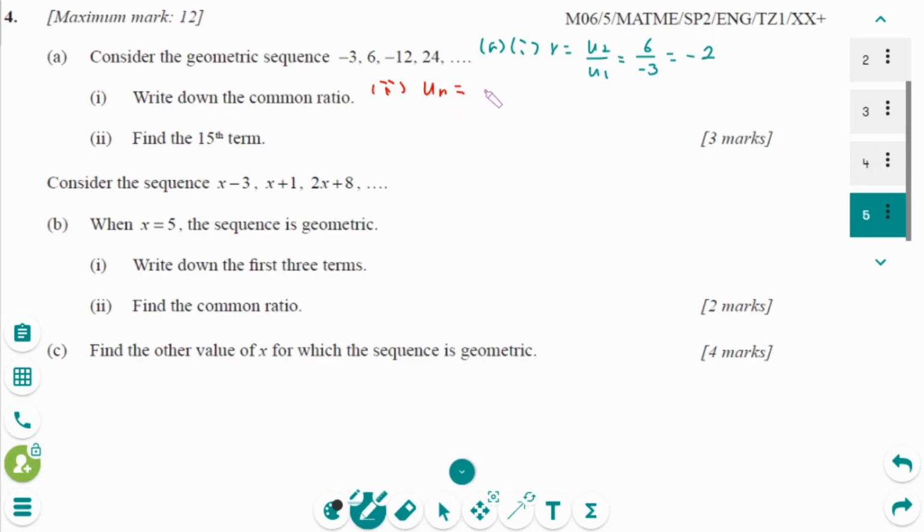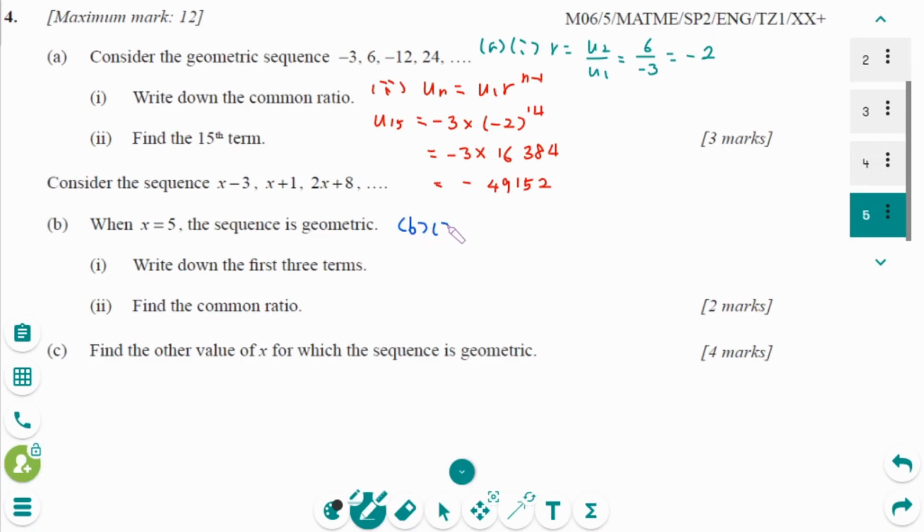Un equals U1 times r to the power of n minus 1. So U15 equals minus 3 times (minus 2) to the power of 14, equals minus 3 times 16,384. The final answer is minus 49,152.